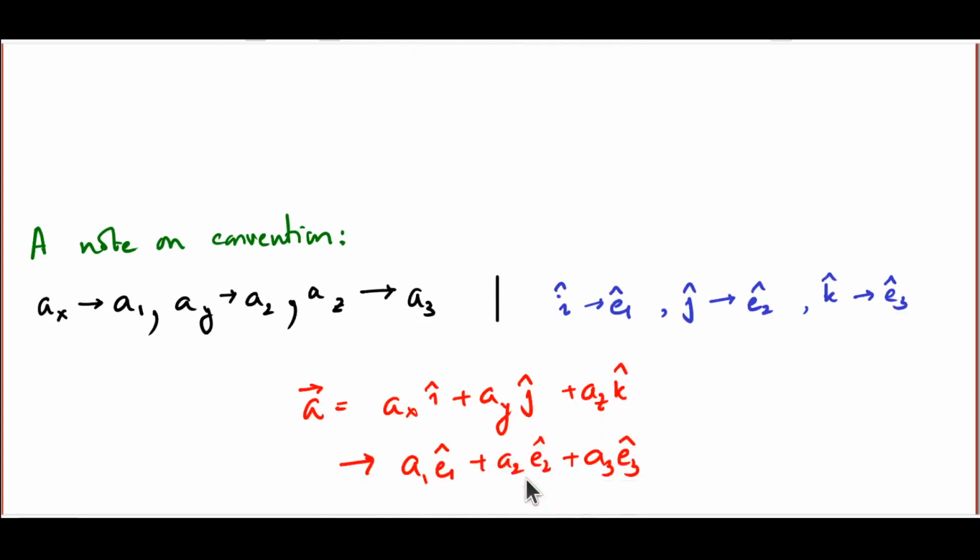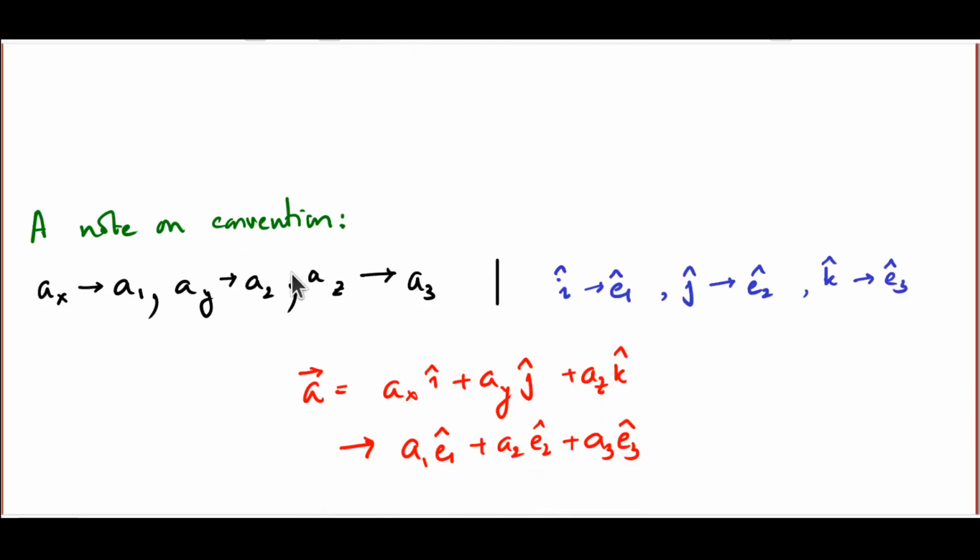The reason we do that is the following. First of all, a general vector with components ax, ay, az can be written as ax i plus ay j plus az k, which in the new convention becomes A1 e1 plus A2 e2 plus A3 e3.